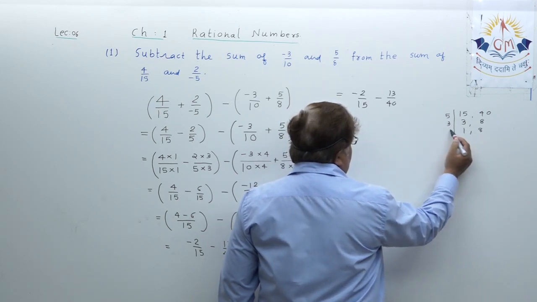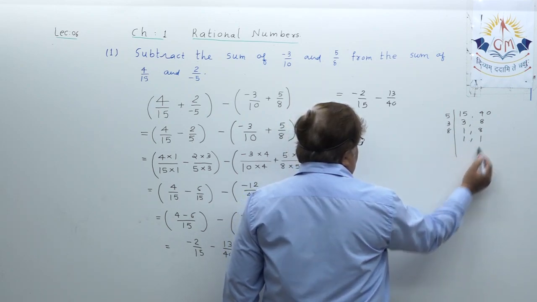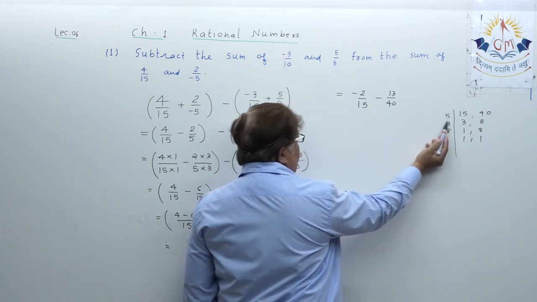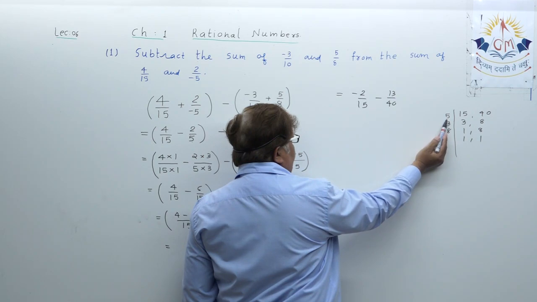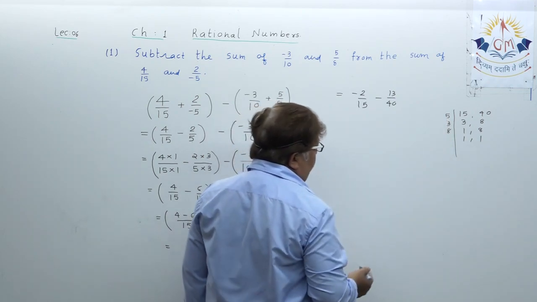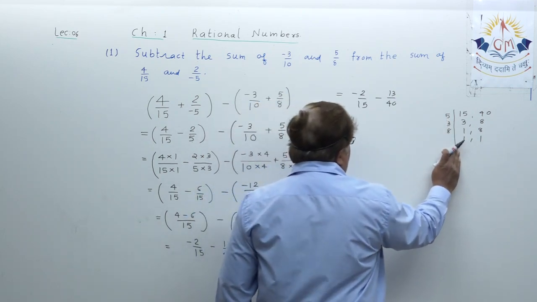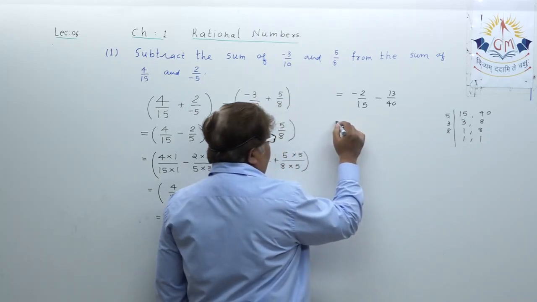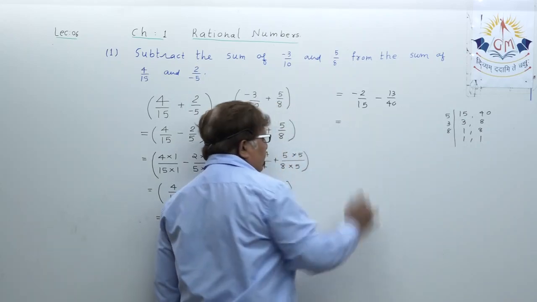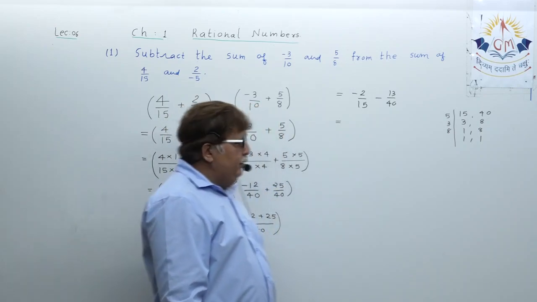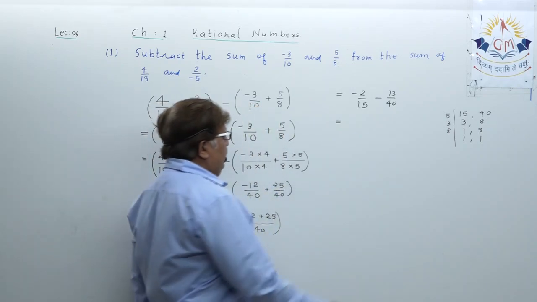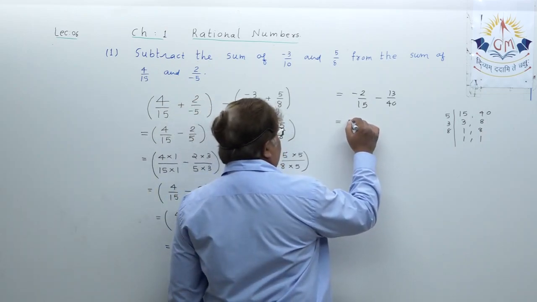Okay, right? So LCM, 8 5s are 40, 3 times 40 is 120, is the LCM. So accordingly, dear student, you got the LCM already? Understood? Accordingly, let us do it.